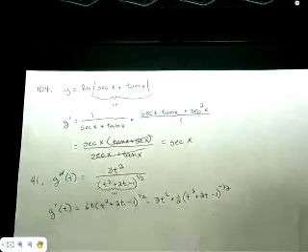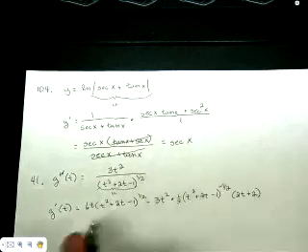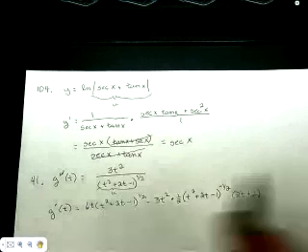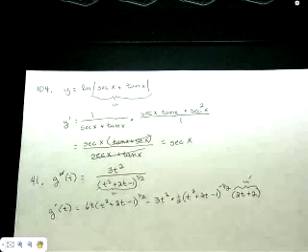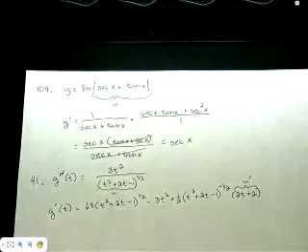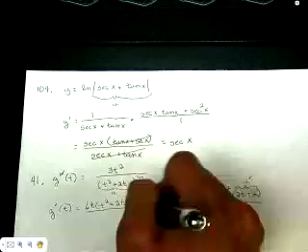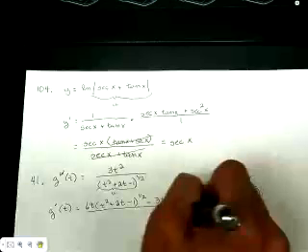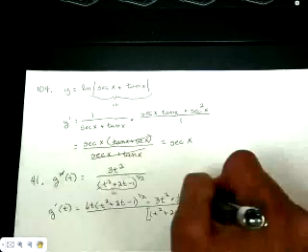But then don't forget the derivative of the ugly. If this is the ugly, t squared plus 2t minus 1, then its derivative is 2t plus 2. And all of that is divided by the denominator squared.